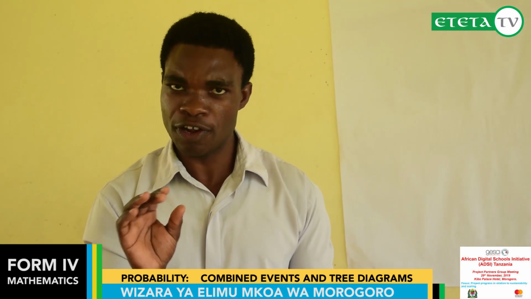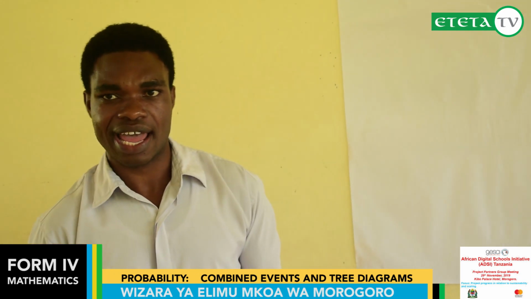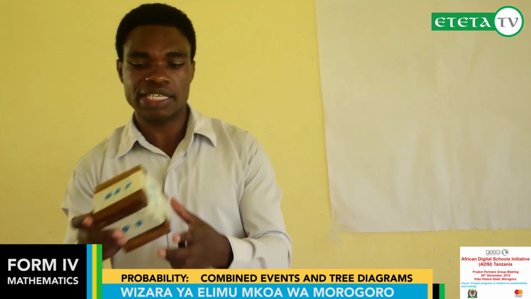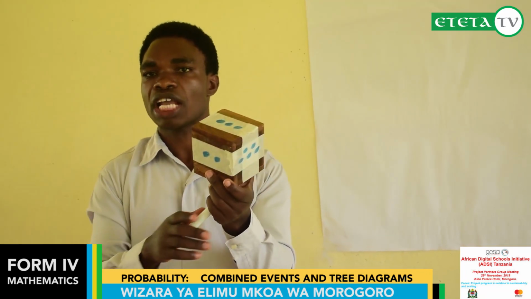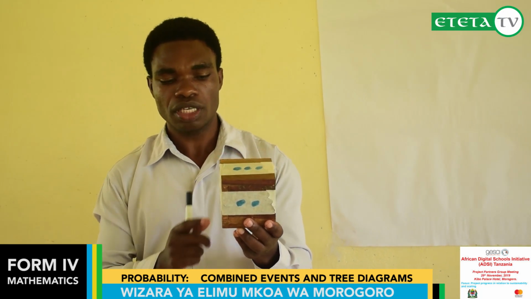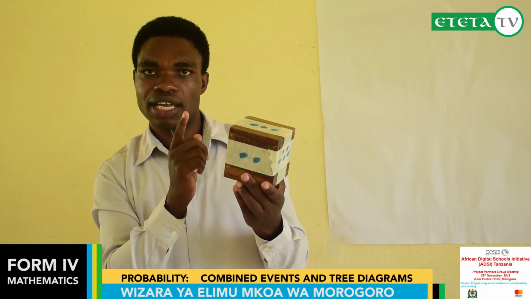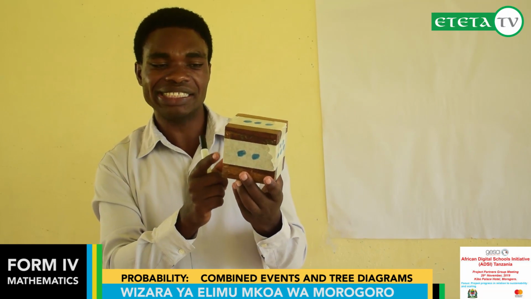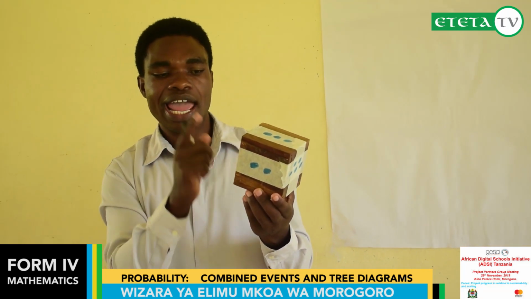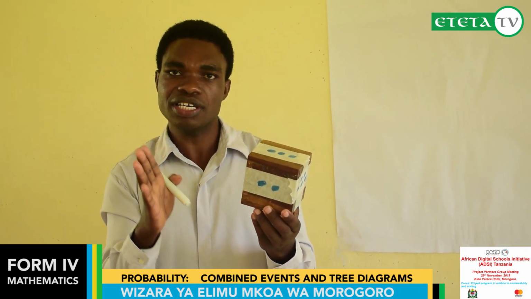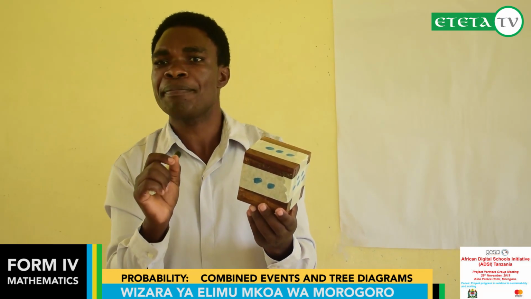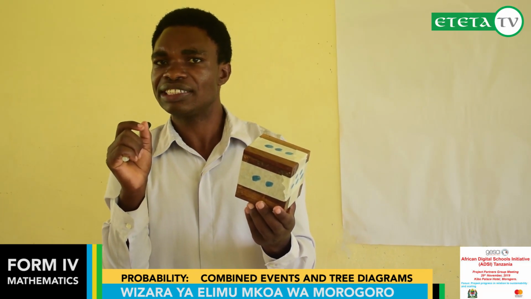Let us see. But before that, you should know what a die is. A die is a cube like this one. This is a cube. Normally, it has 6 faces. I'm not saying this is a die, but it is the same as a die in terms of shape. It has 6 faces, as a die does. Normally, a die is numbered from 1 to 6.